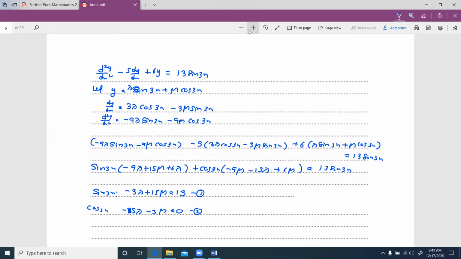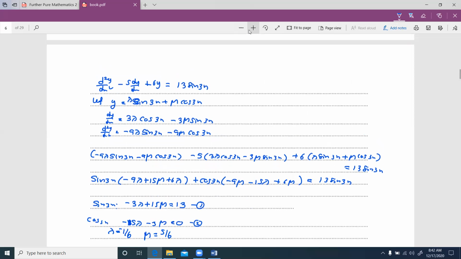Minus 3, 15 and 13 are the coefficients, and over here minus 15, minus 3 and 0 are the other factors. So you get the answer lambda equals minus 1 over 6 and mu equals 5 over 6, right? So with this, you can find the particular integral.